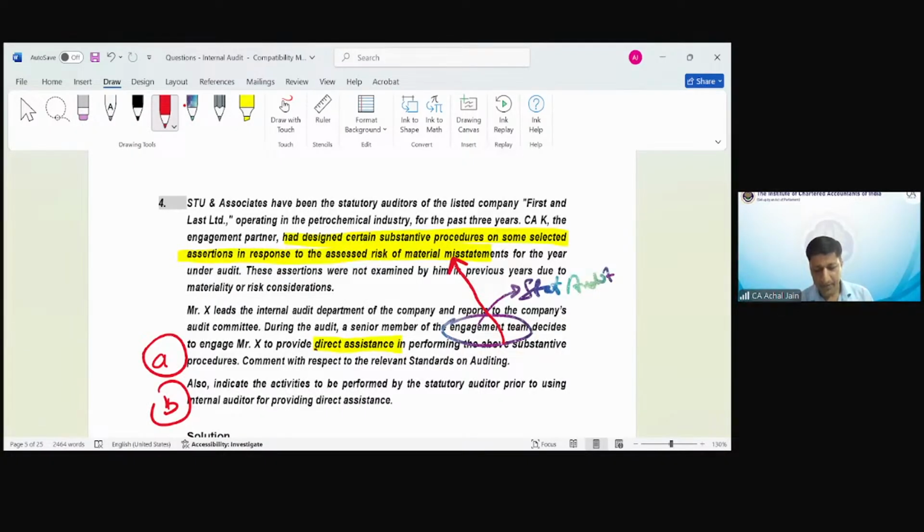Correct. However, he can take direct assistance. The work performed by the internal auditor, he has to do the substantive audit procedures as specified in SA 610. He has to perform them and accordingly report it.